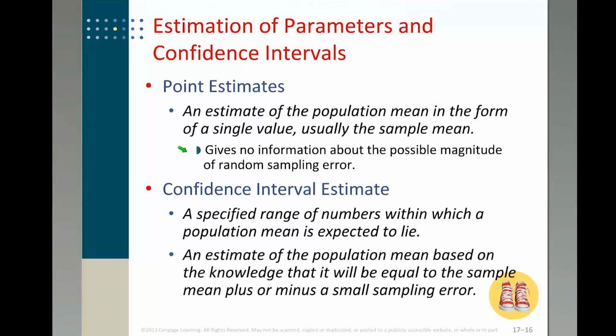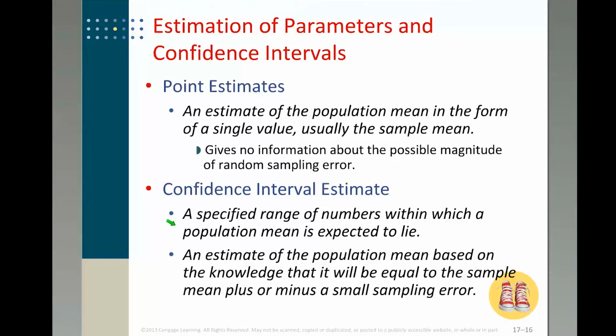So the better solution is to do a confidence interval estimate, okay? A confidence interval estimate is a specified range of numbers within which a population mean is expected to lie. We would like to provide a range for the population mean.